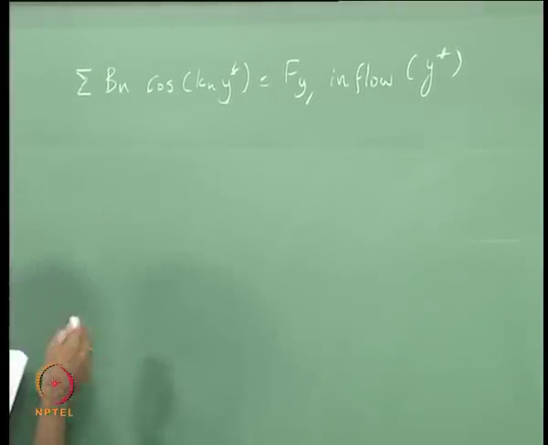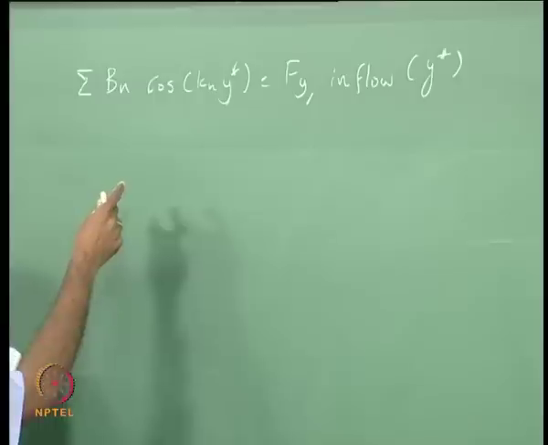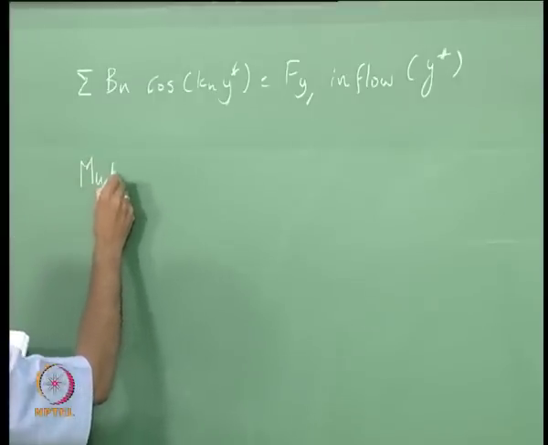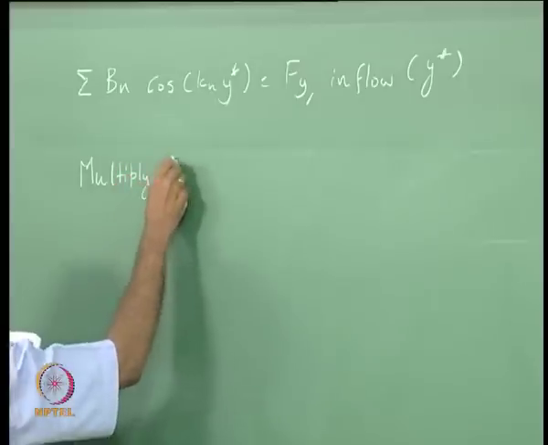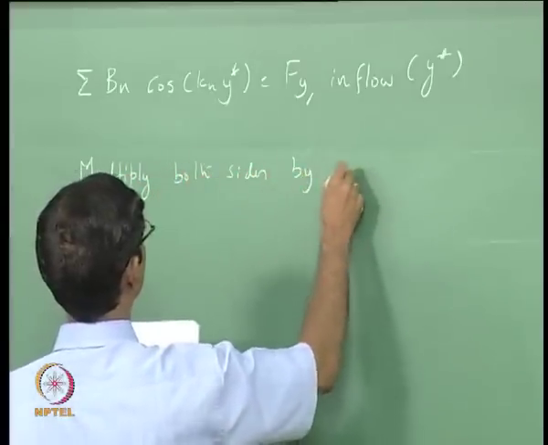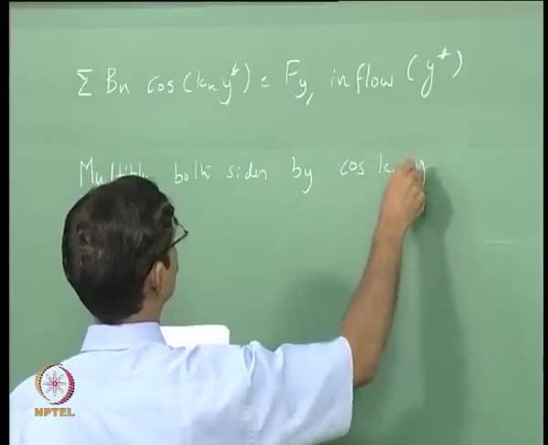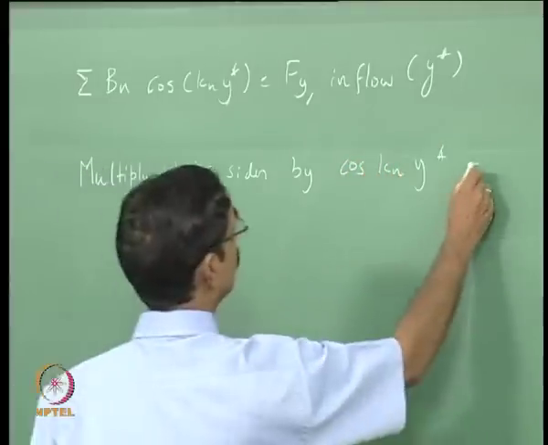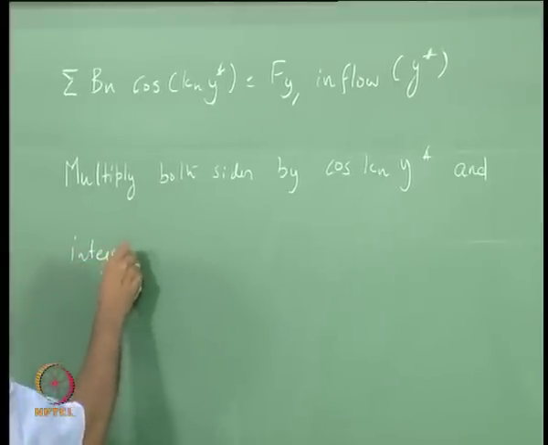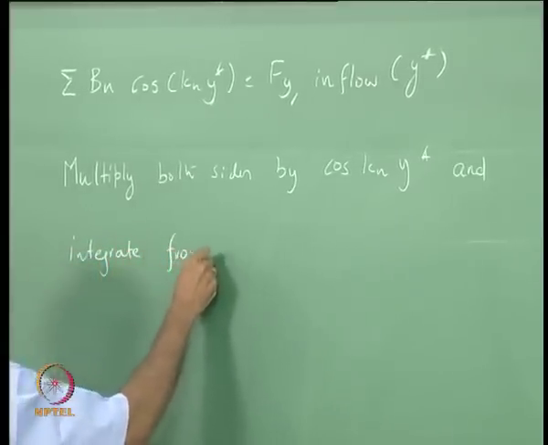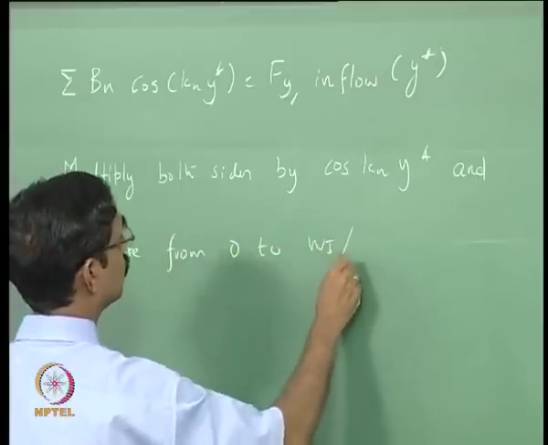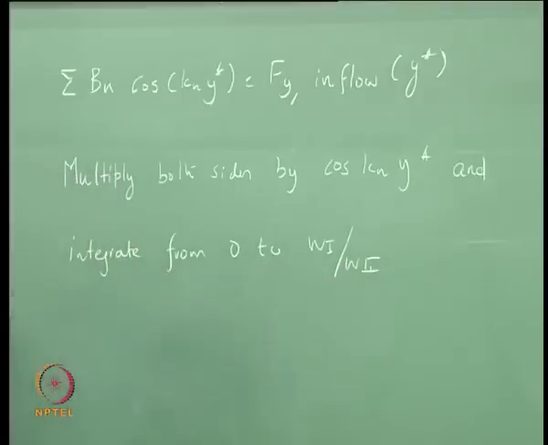So let us multiply both sides by cos kn y star and integrate.